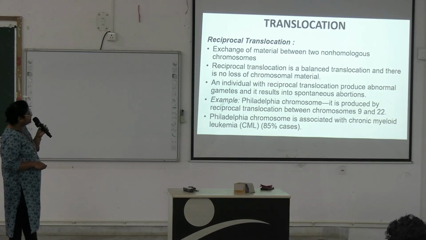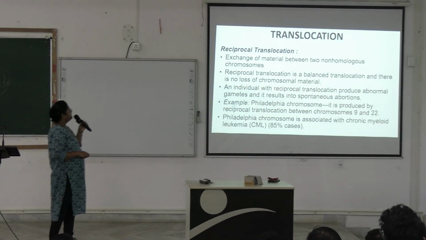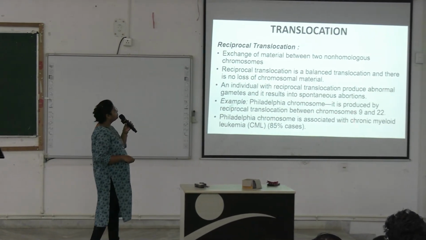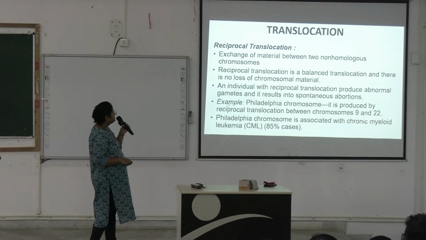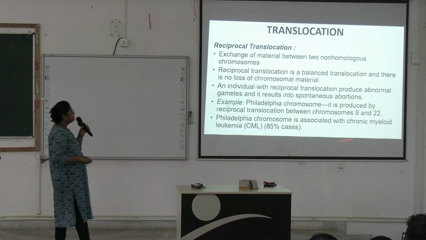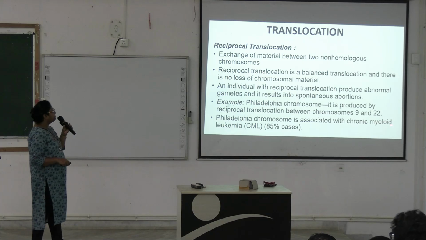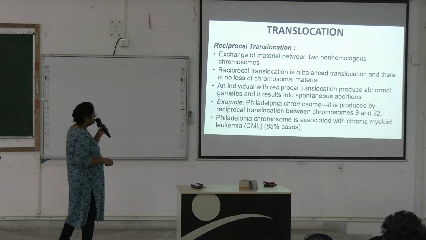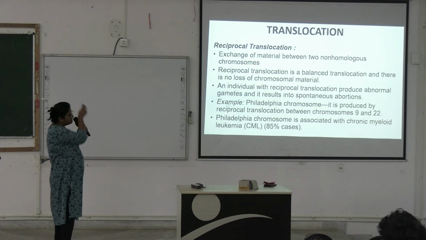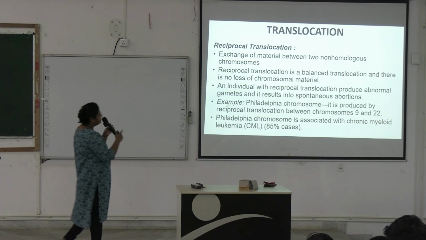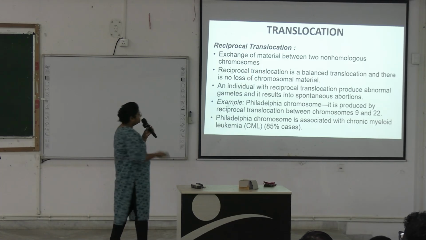An example is the Philadelphia chromosome. It is produced by reciprocal translocation between chromosome 9 and chromosome 22. And the Philadelphia chromosome is associated with chronic myeloid leukemia, CML, in 85% of cases. So remember the examples. Next.